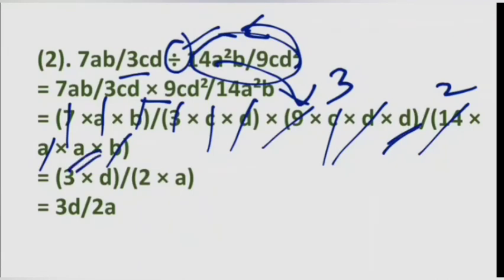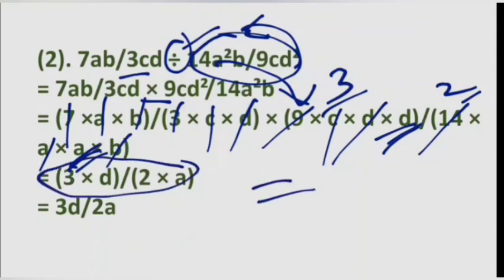So at the end, we have 3 here as the numerator, then D also left as the numerator. So we have 3D over 2 times A as the denominator.